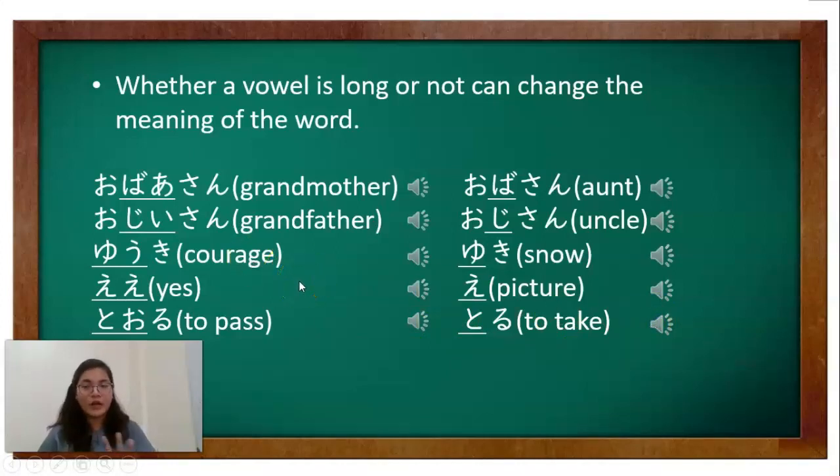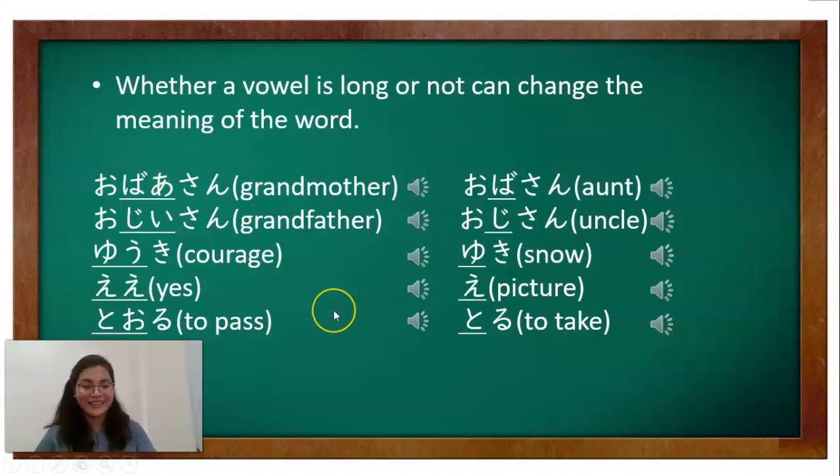Okay, so now you can see how different it is when you pronounce it. It gives a different meaning when you mispronounce it, so it is really important to remember how to use the long vowel.